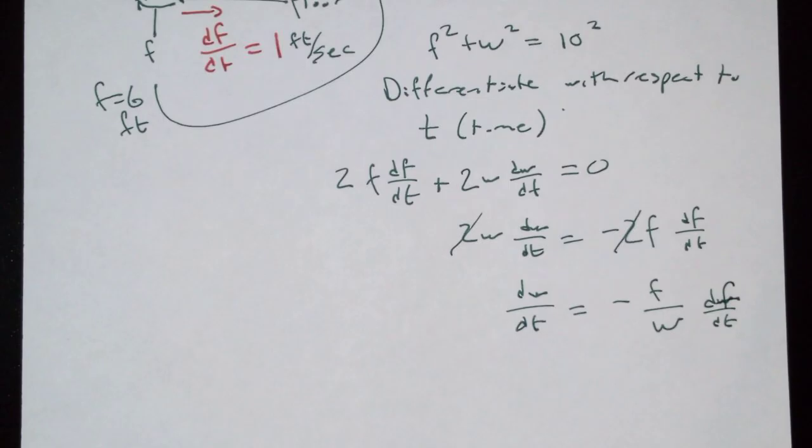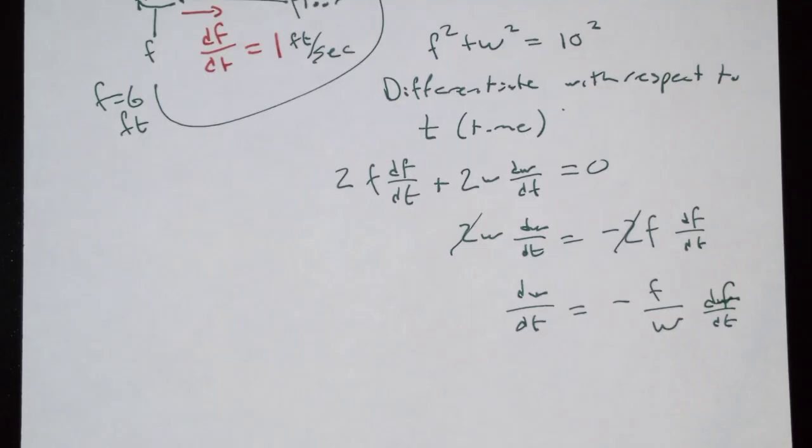Little bit of algebra, I move the f df dt from the left side to the right side, that makes it negative. Cancel the 2's and then divide by w. If I know the numbers that go into the right-hand side, I'm done.